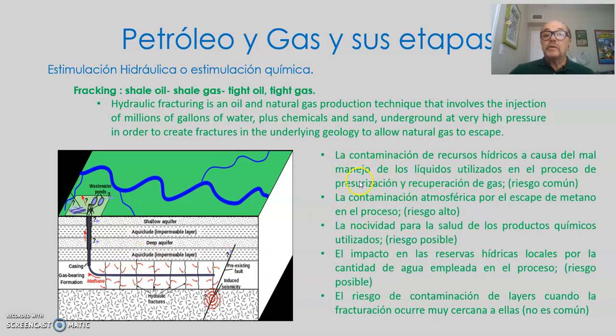Another risk that they mention is the producing of methane. You know, it's very contaminating. And when they pump the huge volume of water, they put some chemical additives because they want to reduce the power needed at surface to pump the water. So it's also a contamination risk from those chemicals.